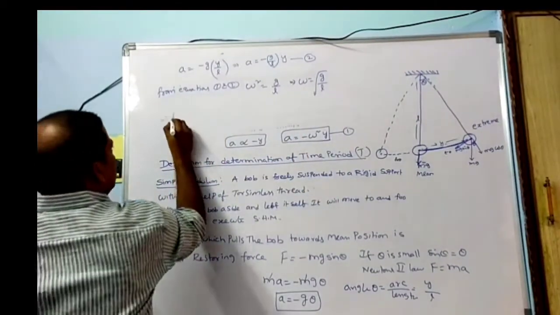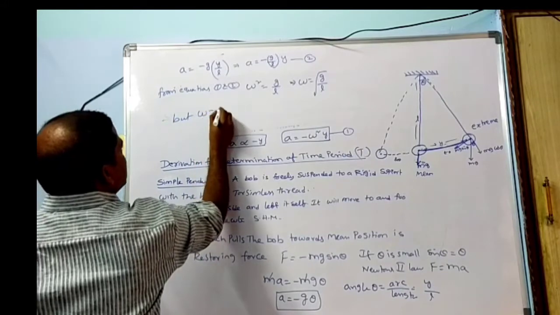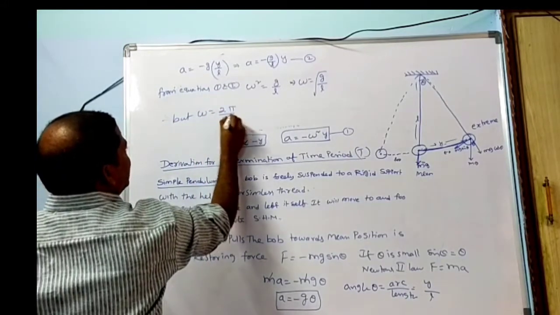But I know that omega is equal to 2 pi by T. This is the formula.